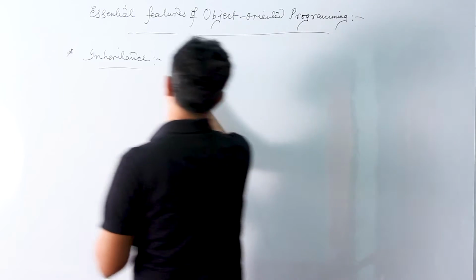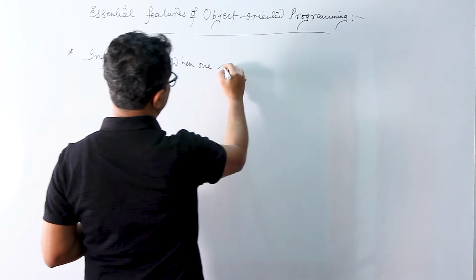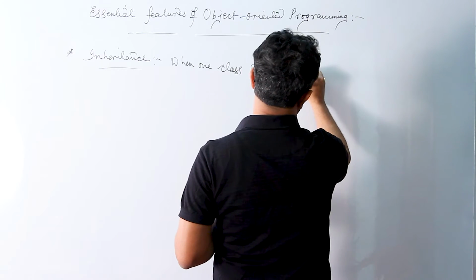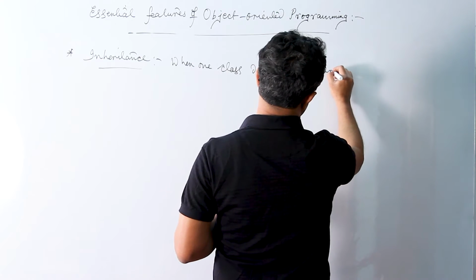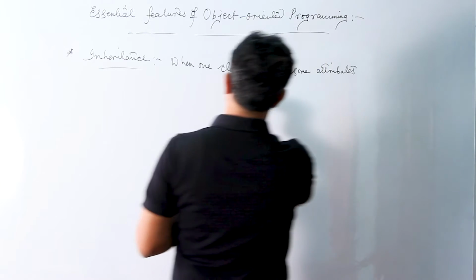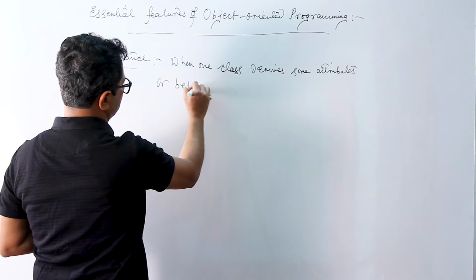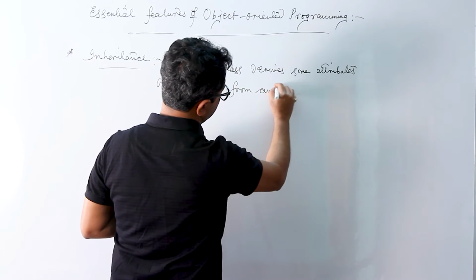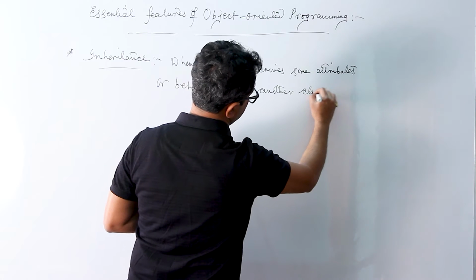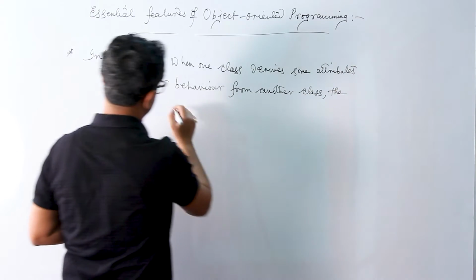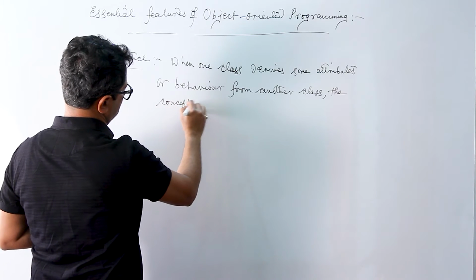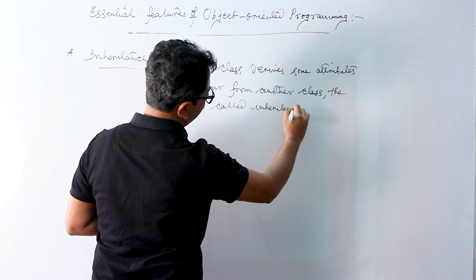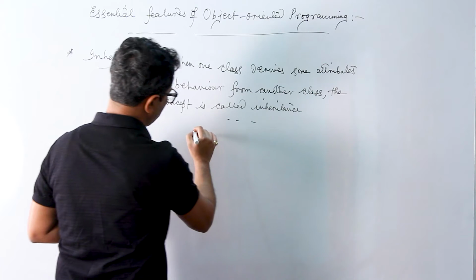So when one class derives some attributes, that is characteristics, or behavior from another class, the concept is called inheritance, by which we can apply the concept of what?